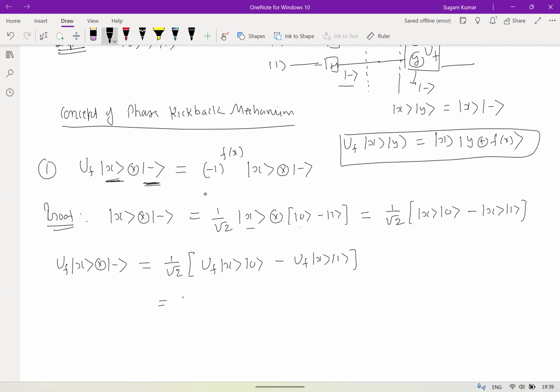X will remain as such, and here Y is 0, correct? So this is 0 modulo 2 addition f(x), minus. What will happen here? The X state remains as such, and here Y is 1 modulo 2 addition f(x).